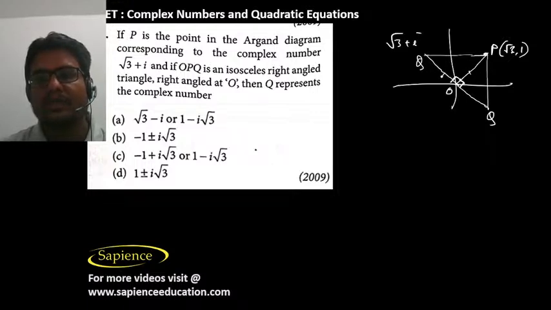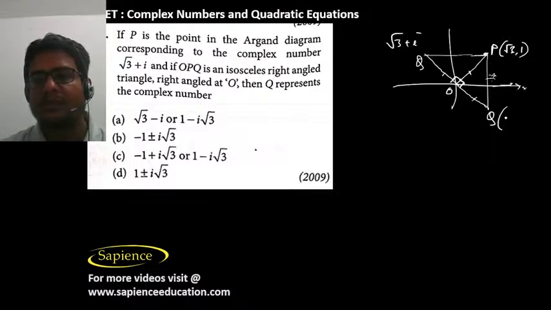So these two sides are also equal, OP equal to OQ. These two sides are equal. So it means that this is right angle, so this is opposite. So this will be actually the image of the point P about the x-axis.